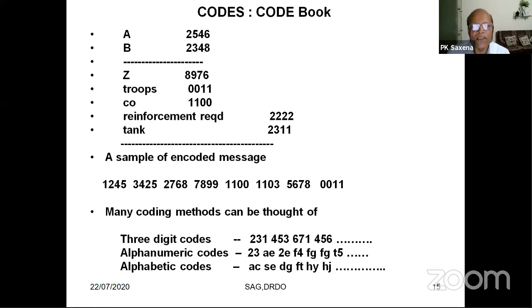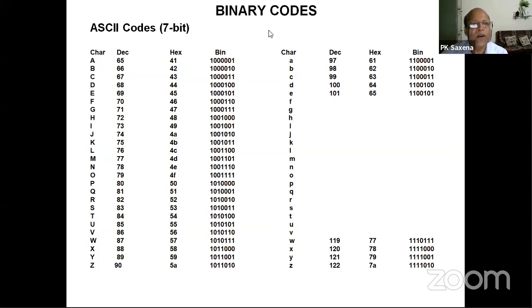But these codes are not simply for the encryption purpose. They are also to facilitate the encryption when we try to use higher mathematics and when we want to represent alphabets in terms of some binary symbols. So for example, this ASCII code. In our computers, the character A is represented by this binary code, in hexadecimal representation by 41, and in decimal by 65.